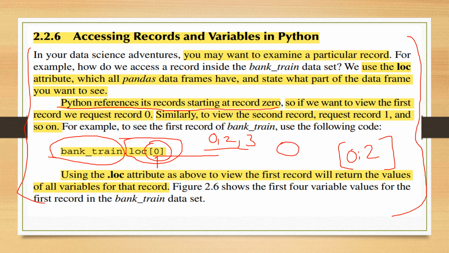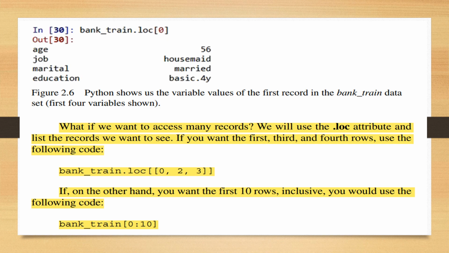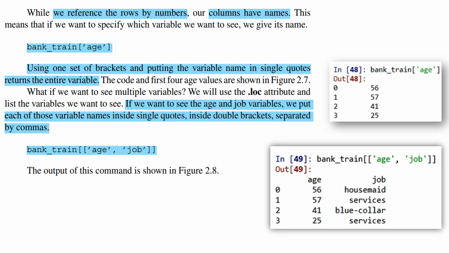Also remember that in slicing, it does not consider the stop index, but here, while referencing, it does consider the stop index. So it will fetch me the 0th, first, and the second record. And for fetching the column names, as we discussed, we will be using the names of the column inside square brackets.